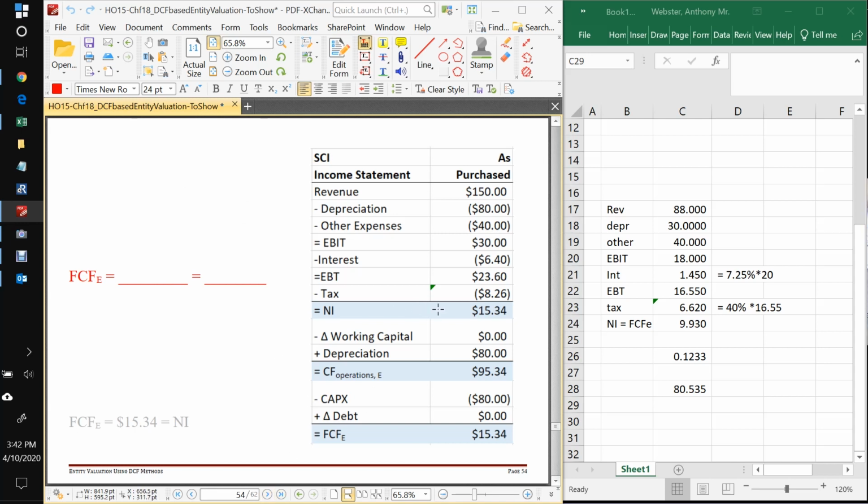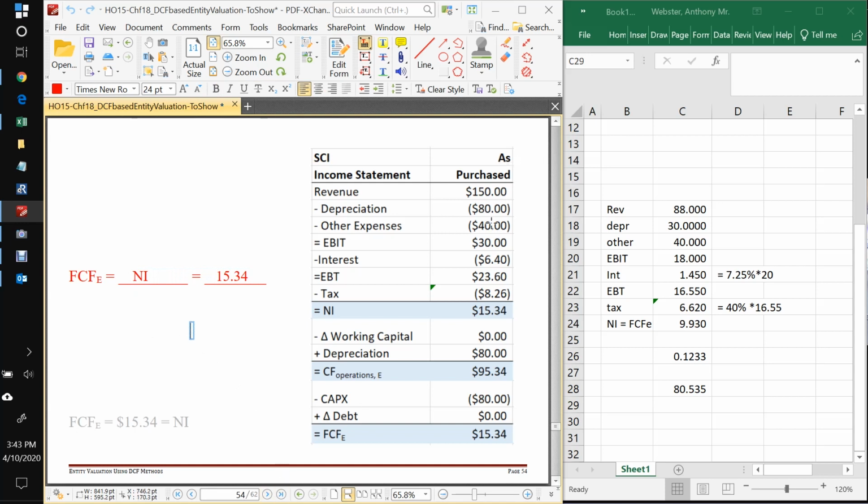Okay, so our free cash flow, and here I've gone through the whole mess again for you so you can see it really does work out that the free cash flow is equal to the net income in this steady state case. So the free cash flow here is equal to our net income, and that's equal to 15.34.